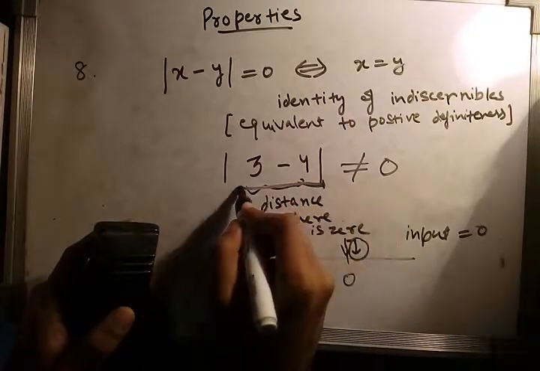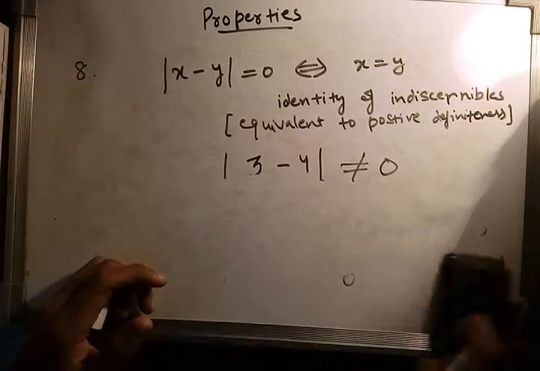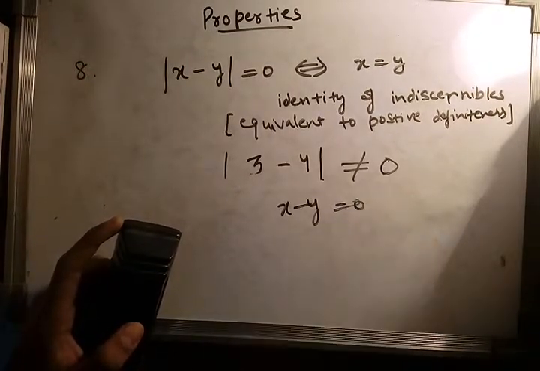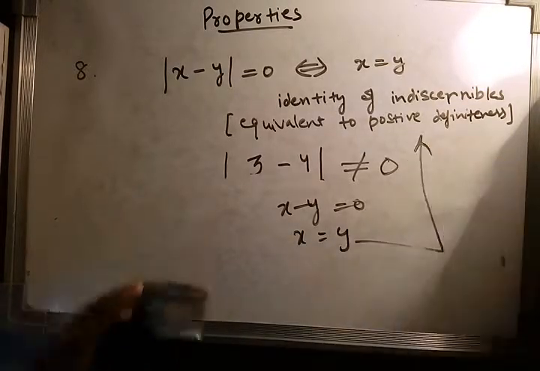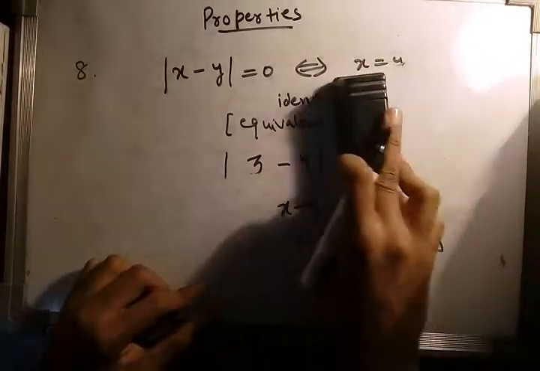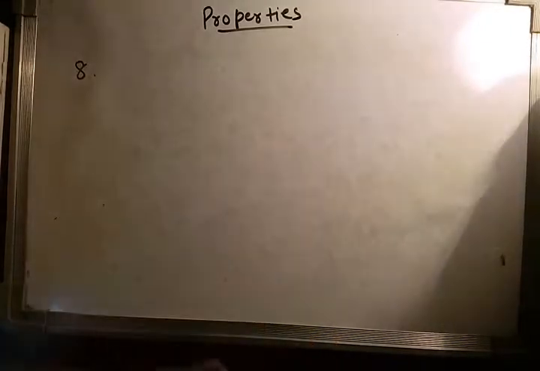So the input being 0 means x minus y is 0, which means x is equal to y. That's why this property is true. This is a very less helpful property.